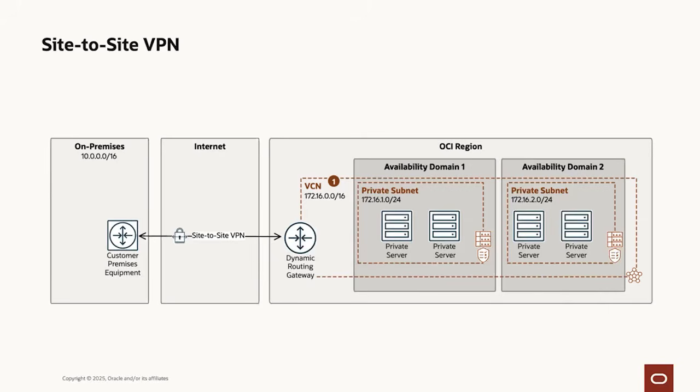For a given tunnel, you can use either Border Gateway Protocol, BGP, dynamic routing, or static routing to route that tunnel's traffic. Some of the advantages of going with the VPN over the other options is that with public internet, that could be risky, because your traffic is not going to be encrypted.